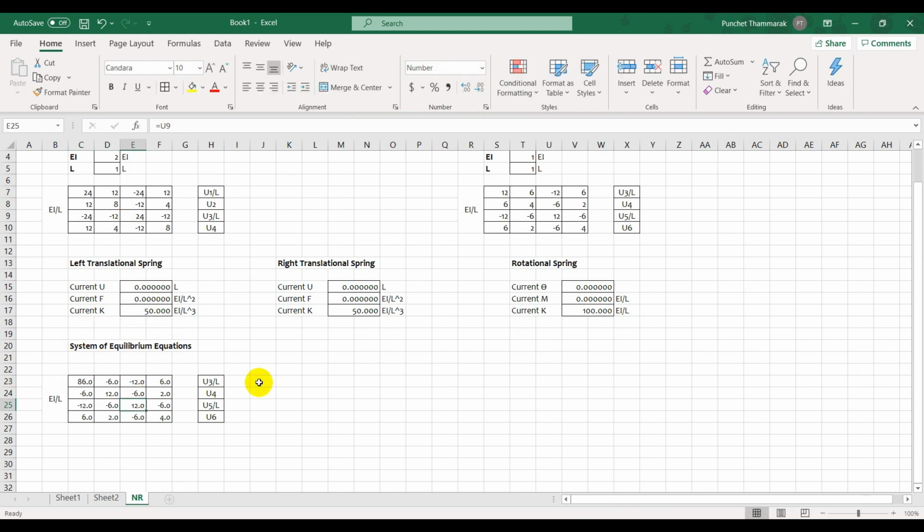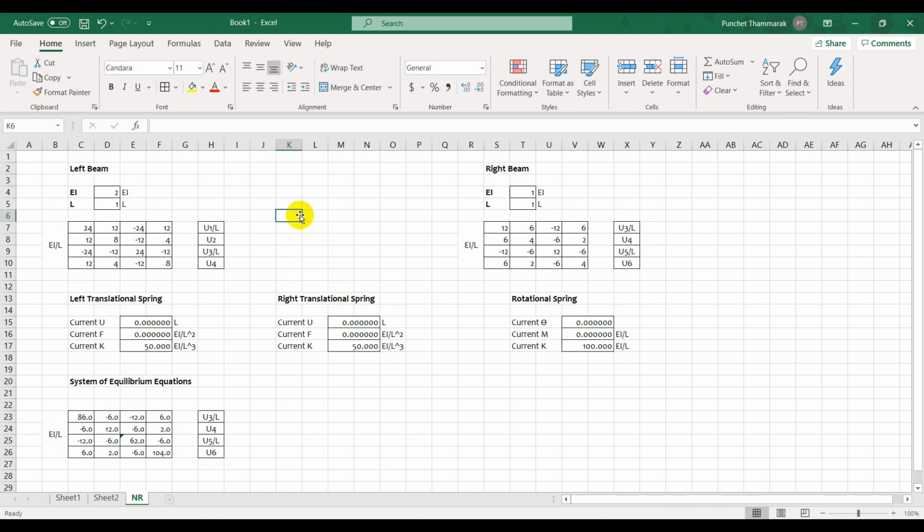And another translational spring on the right is at U5. And we have a rotational spring at U6. Yeah, everything is in there. So on the right hand side of the equation, the K and the U are all there.